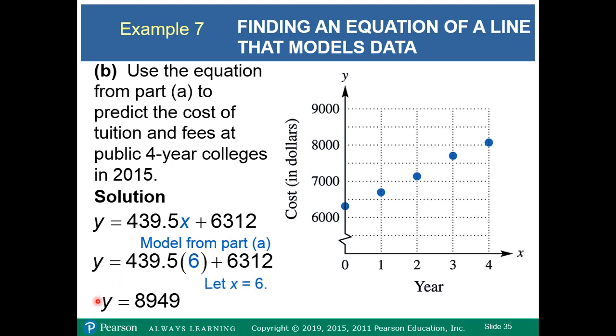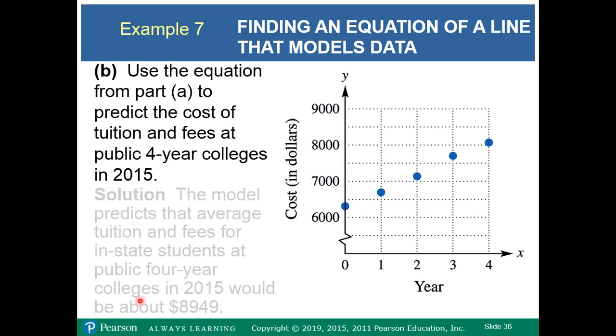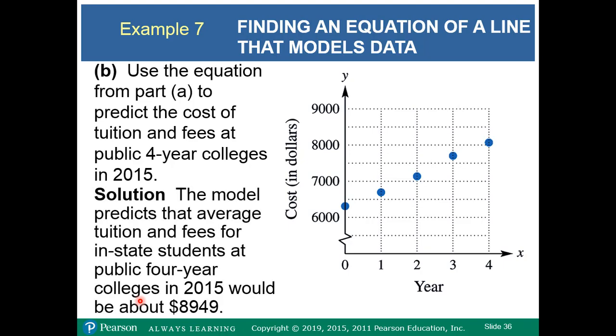In 2015, based on our model, we predict that the cost of tuition and fees at public four-year colleges is going to be approximately $8,949 per student that year. Again, this is for in-state students, so this is per student.